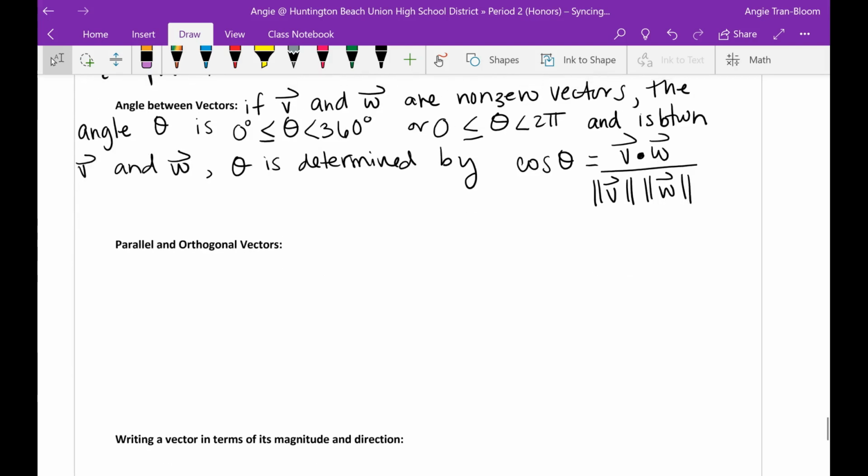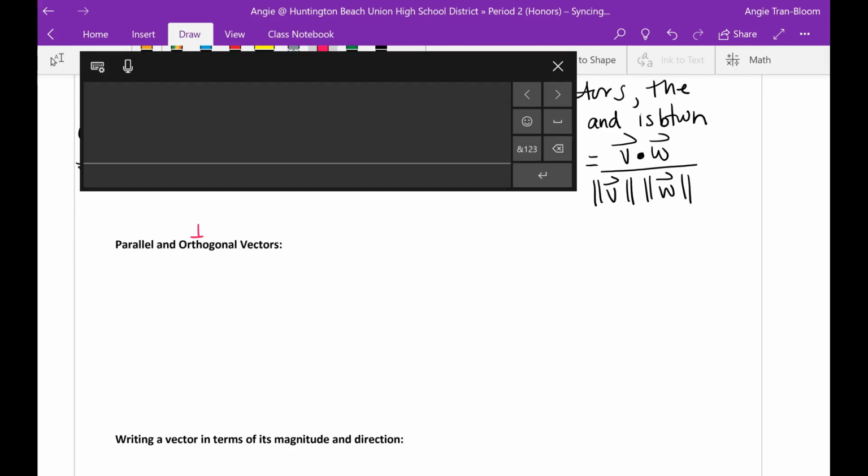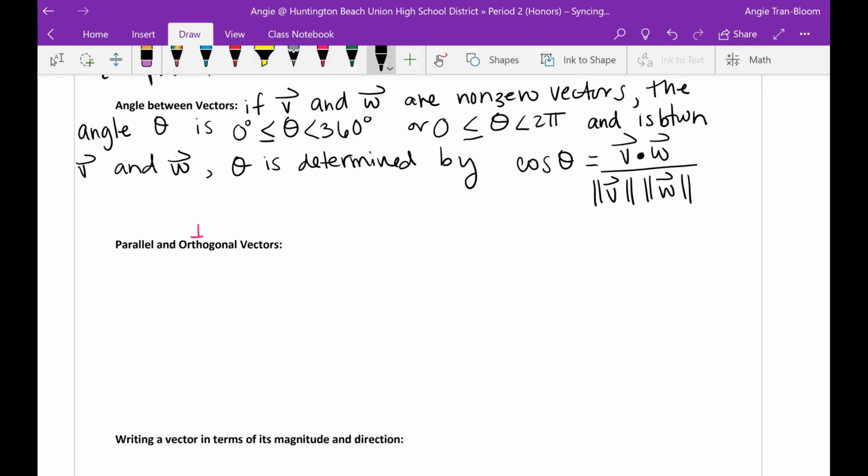Next, parallel and orthogonal. Orthogonal is really a fancy word, guys, for perpendicular. Okay, here we go. Parallel. If vector v and vector w are parallel, this symbol means parallel, okay?